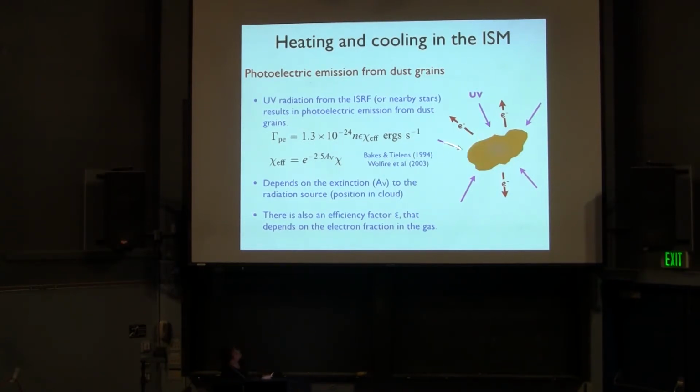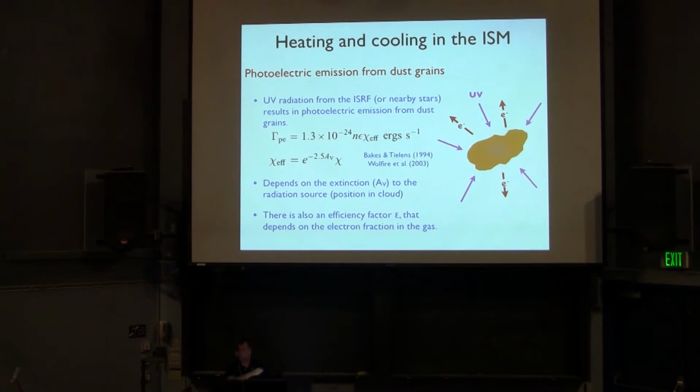So the more electrons you have in your gas, generally because of collisions with the dust grains, the more neutral or negatively charged the dust grains are going to be, and so this process is more efficient. It's somewhat counterintuitive that the efficiency depends on the number of electrons you've got in the gas when it's electrons you're trying to get out. So there is some kind of sweet spot there. And if you look in Bakes and Tielens, you can see a nice figure which shows this much better than I've described it.